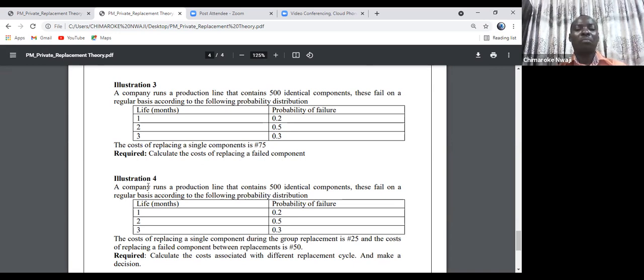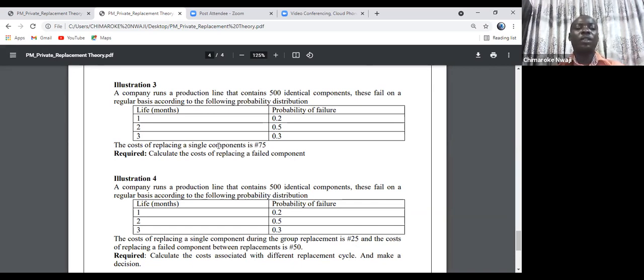Then the same thing with illustration 4. Illustration 4 is the same question as illustration 3, but there are some changes. The cost of replacing a single component during the group replacement. Now, this is group replacement.